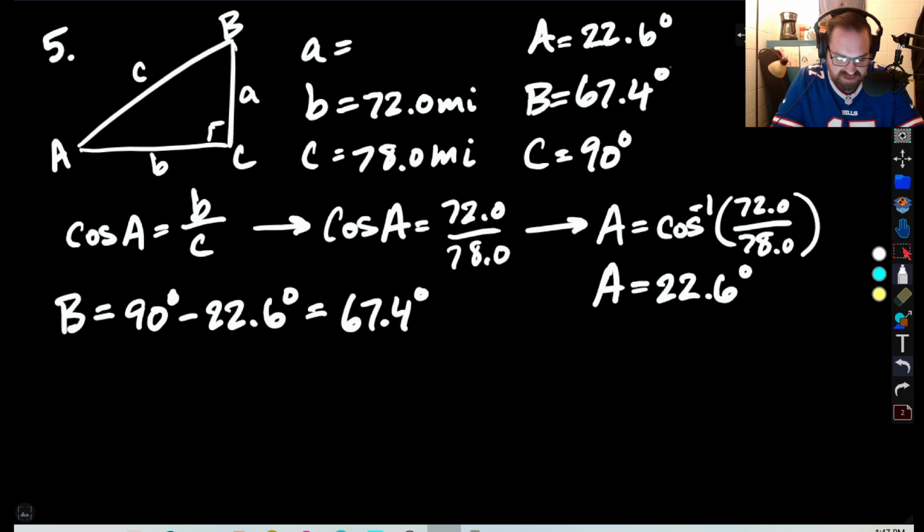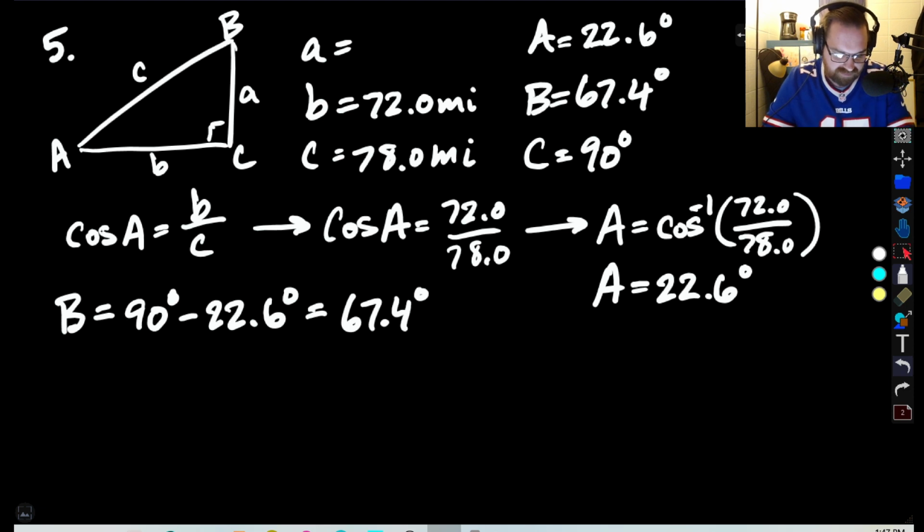Now all we have to do is figure out the value for A right here. You could use the Pythagorean theorem on this: C squared is equal to A squared plus B squared, and then solve for A. I'm just going to use a trig ratio because personally I think they're easier.